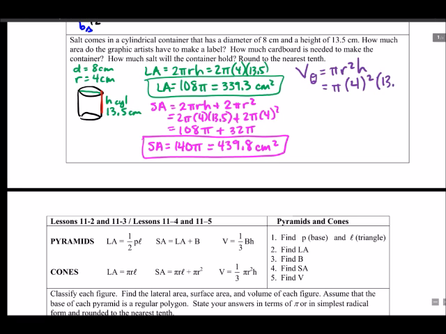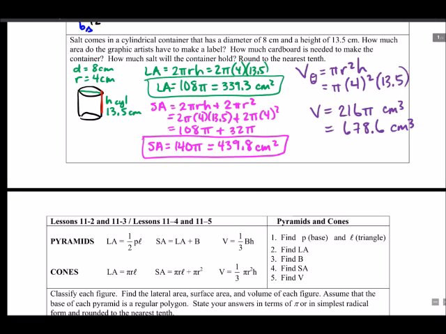13.5 centimeters. And so we get the volume of our cylinder to be 216 pi centimeters cubed. And if we put that into our calculator, 678.6 centimeters cubed.